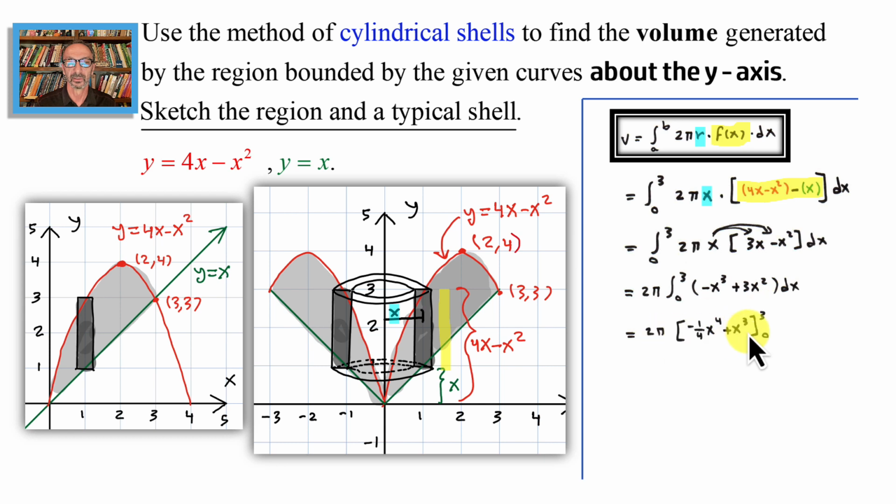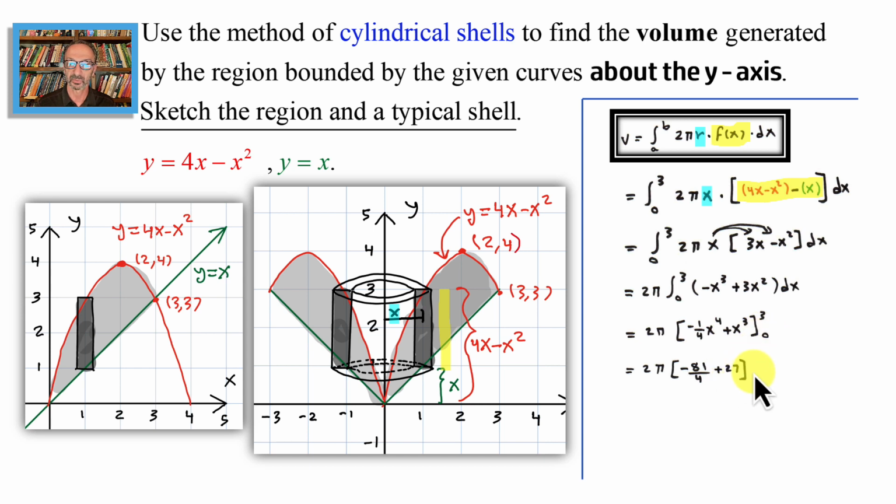Of course, we're going to plug in 3 and not worry about 0, because every single term has an x in it, and there is no need to waste the time and plug in 0. 2 pi times negative 1/4 times 3 to the 4th, that's 81 over 4, plus 3 to the 3rd, which is 27.